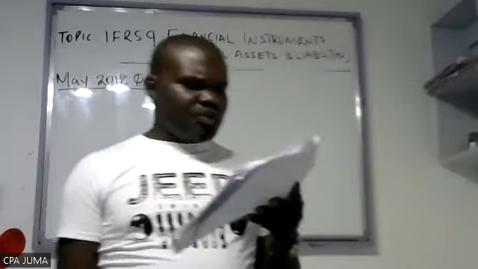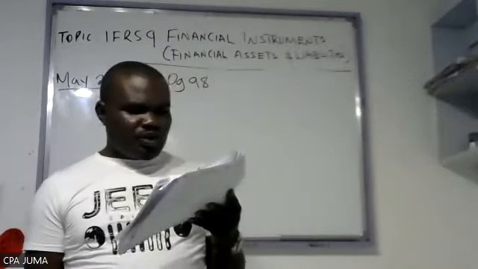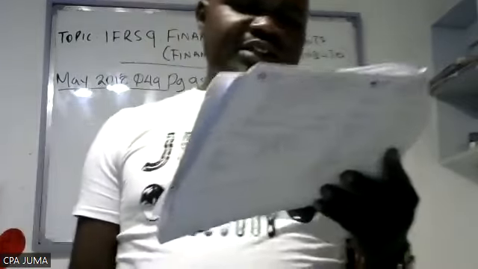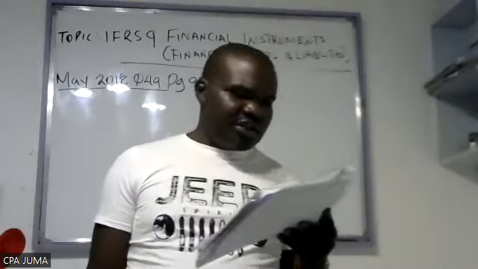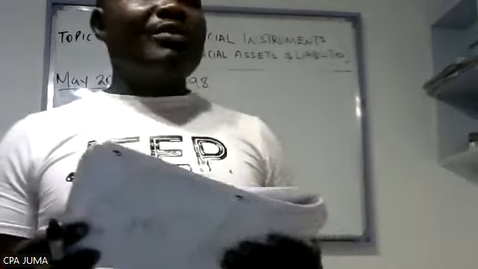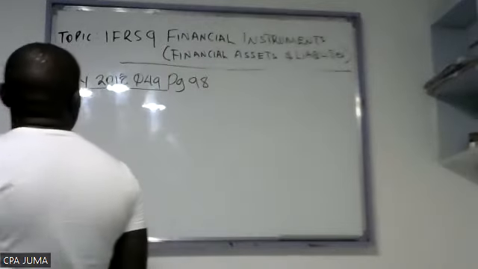Required charge to the income statement for each of the 2 years ended 31st December 2018 and December 2019 formats. Then extract from the statement of financial position as at 31st December 2018 and 31st December 2019. So before we answer Roman 1 and 2, we need to come up with what we call bond amortization schedule. So let's have that.